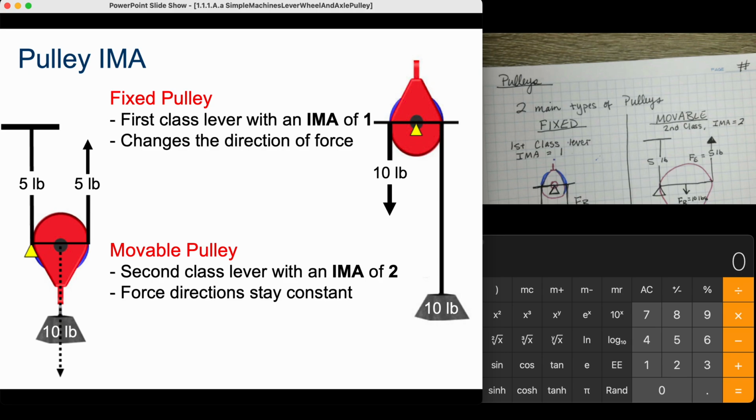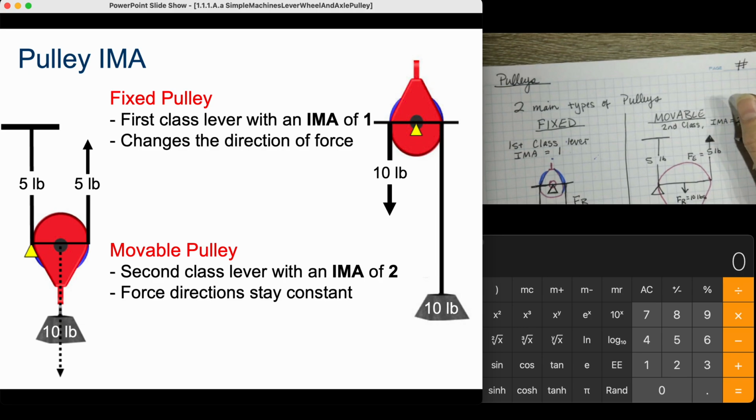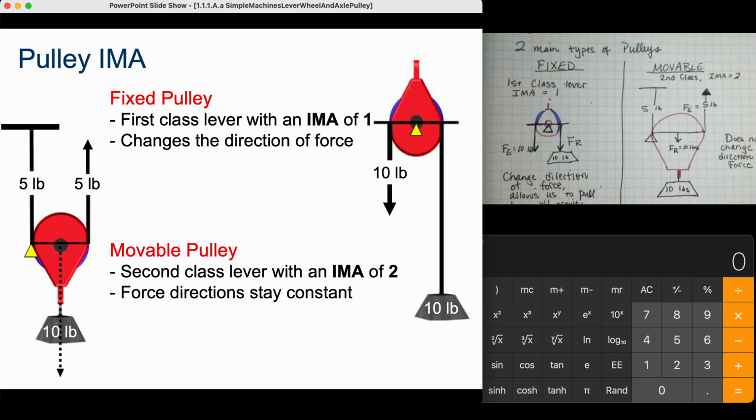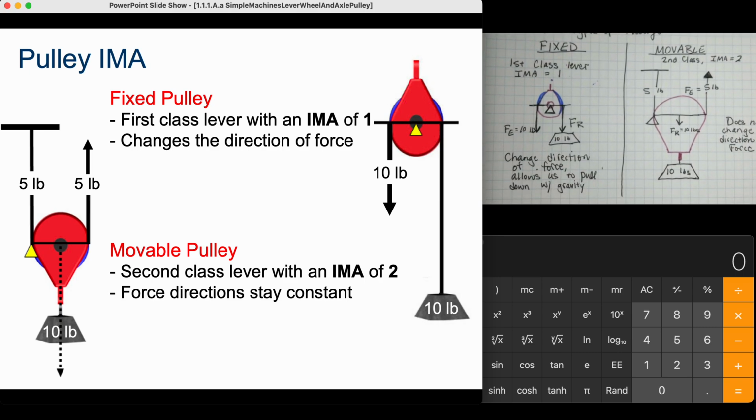So we're pulling against the 10 pounds, but it's not allowing us to change the force or the direction. Because if we were going to lift this guy up, we'd have to pull up anyway. Okay, so that's everything on those two main types, your fixed and movable pulleys.